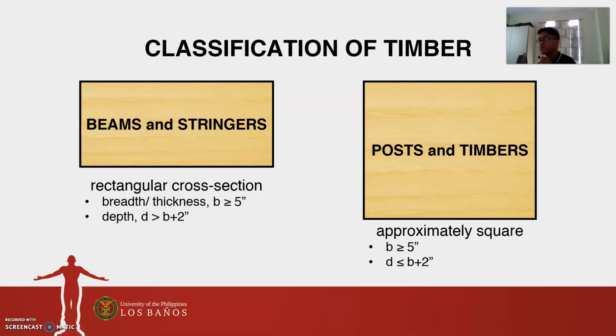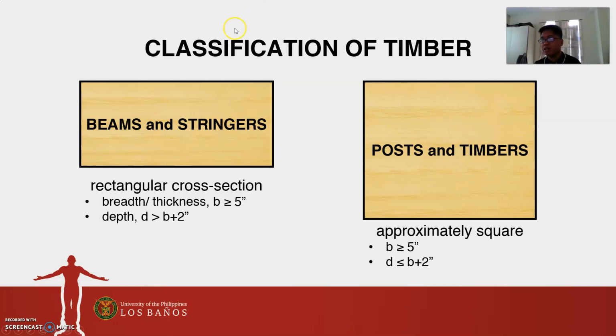Further classifications of timber: we have beams and stringers, and then posts and timbers. Beams and stringers are the sections most likely used as beams and stringers, while posts and timbers are used for columns or posts.